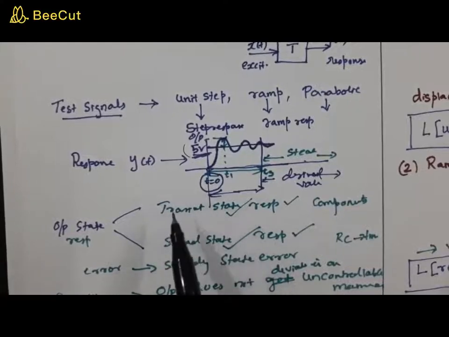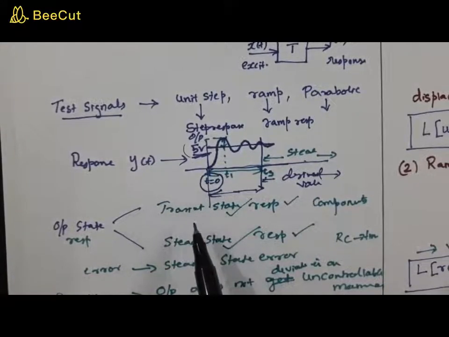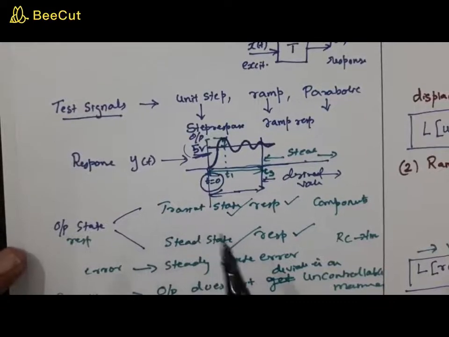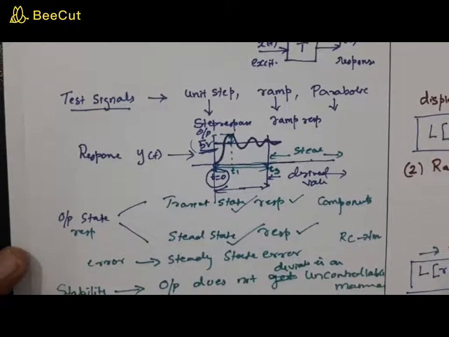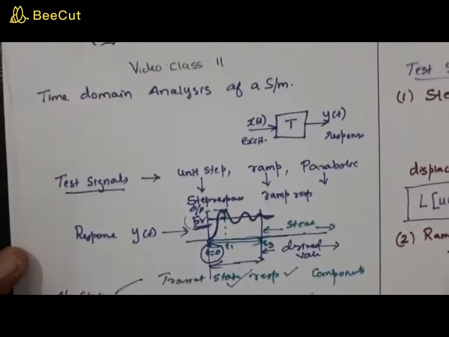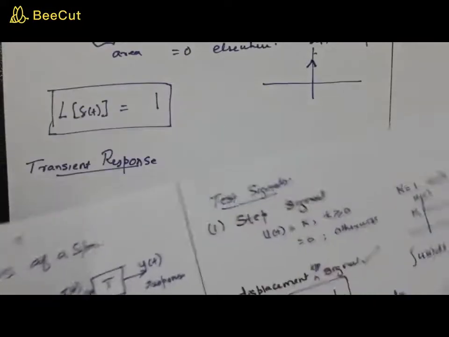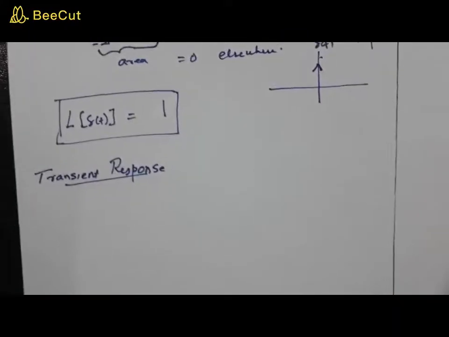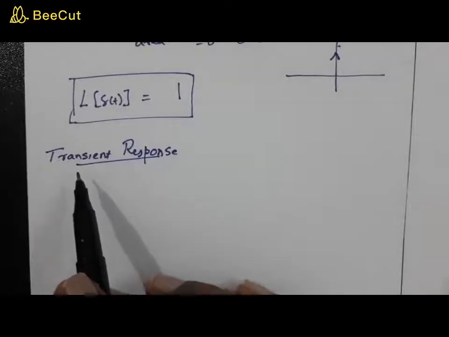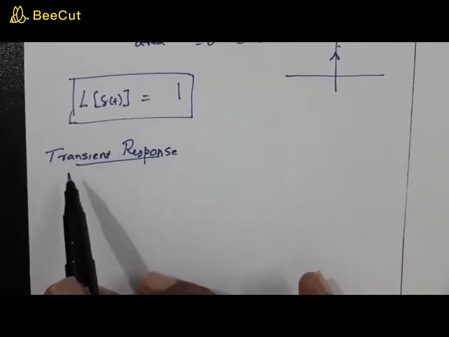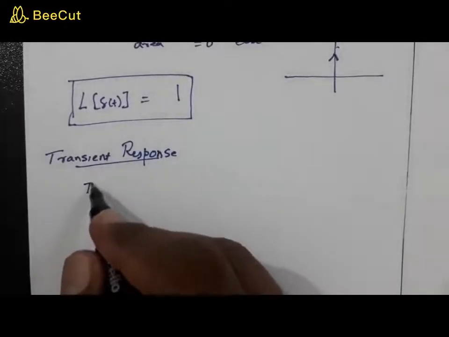It is actually the response till it reaches the steady state, and it can dictate how fast a system can arrive at the steady state and all other information. Other than that, you will get a lot of information from the transient response.